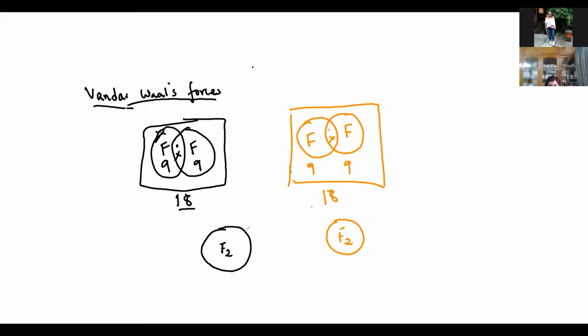So listen. So this F2 has 18 electrons. So if আমরা যদি এটাকে একটা ইমাজিনারি লাইন দিয়ে হাফ করি, তার মানে on this side it has 9 electrons, on this side it has 9 electrons.